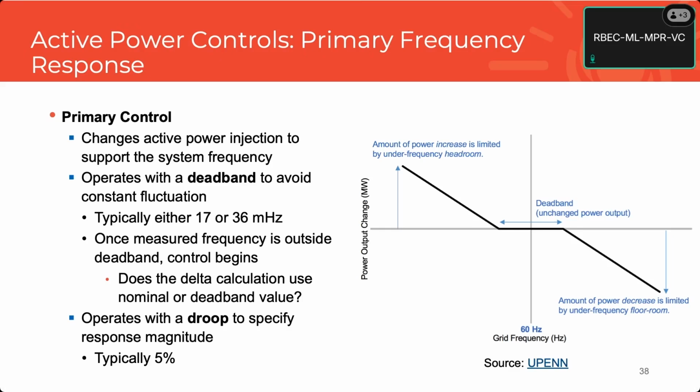Okay, so our vertical axis here is power output. So we're talking about a power controller. We could think of that as a governor on a synchronous generator, or it could be a power plant controller on an IBR, but something that controls active power in this case.